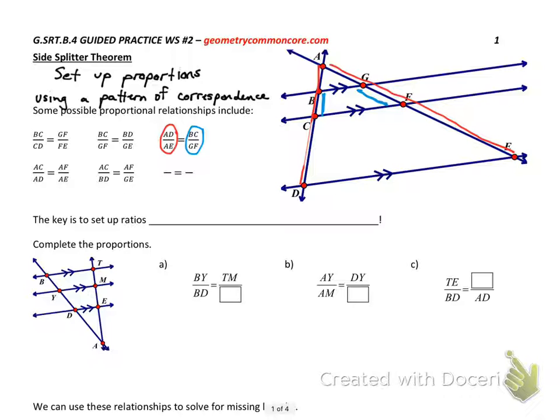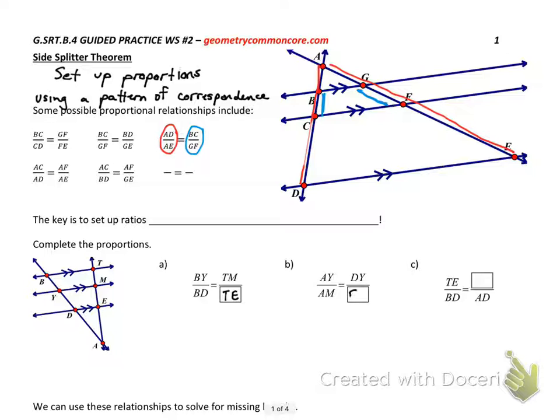All right. So BY over BD equals TM over what? TE. Okay, everyone agree? All right. AY over AM is going to equal DY over, what goes there?